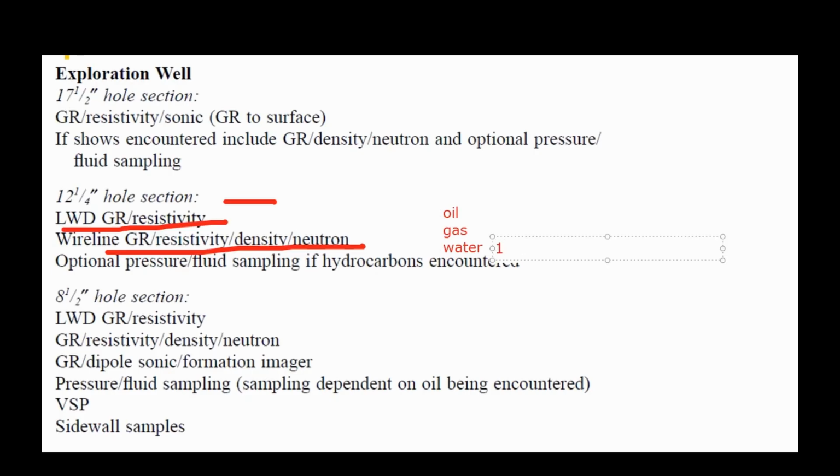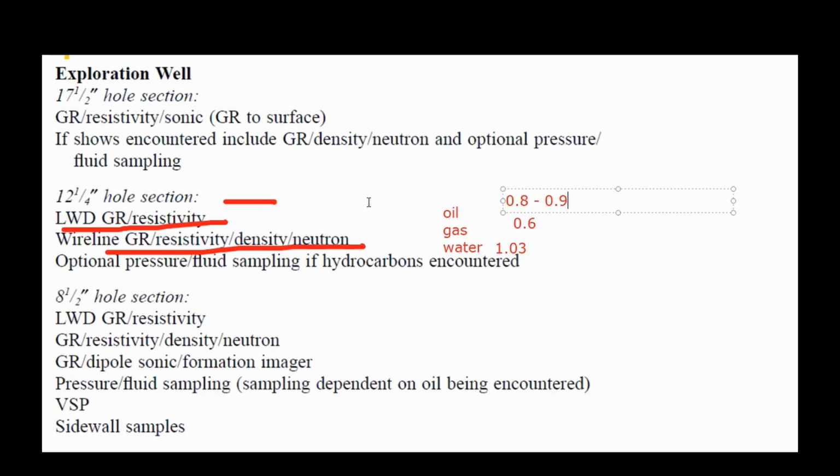The density of fresh water is 1. Formation water is around 1.02 or 1.04. For gas, it is around 0.6. Oil will be around 0.8 to 0.9. The density tool gives those particular values.